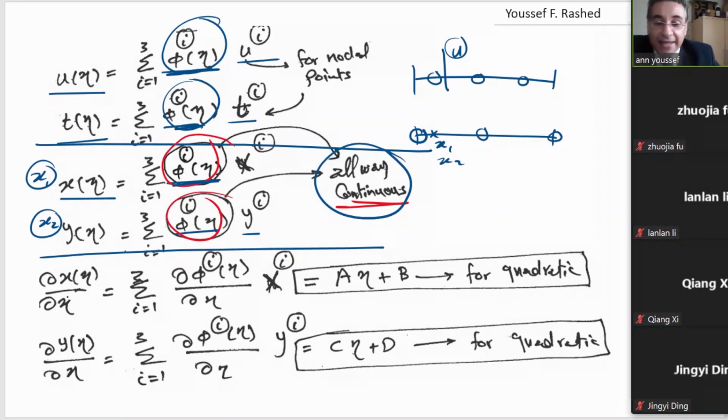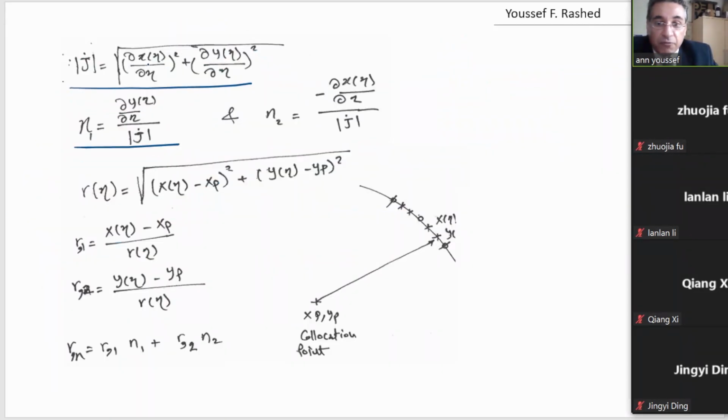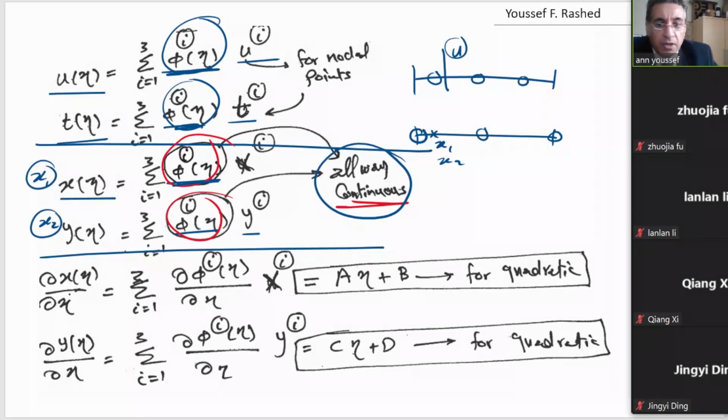Okay? When I want to compute the Jacobian, the derivative of x with respect to eta and the derivative of y with respect to eta is straightforward. We can do it. The derivative of x with respect to eta is the derivative of the shape function times x, because these are constants.